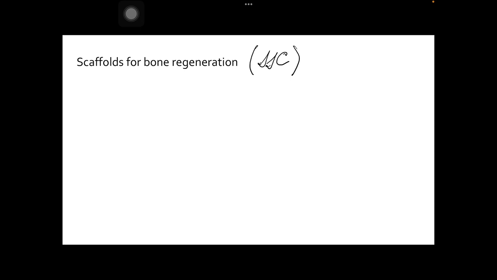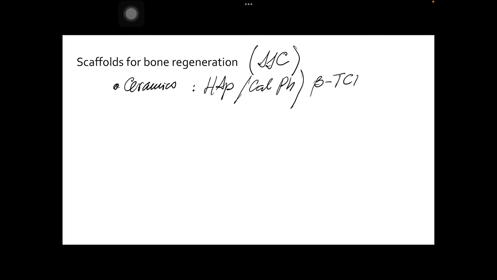There are many options like ceramics or hydroxyapatite type of materials or calcium phosphate or beta tricalcium phosphate or mineral-like structures or materials that can be used to regenerate bone.